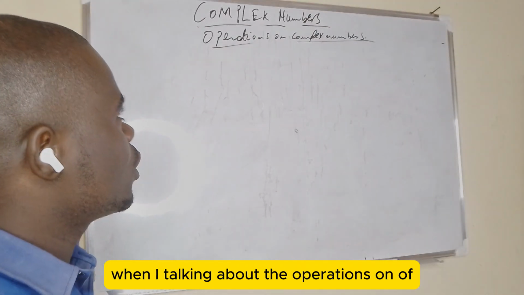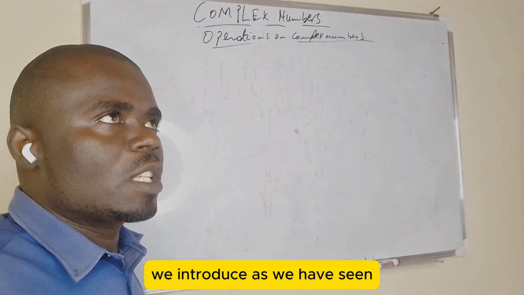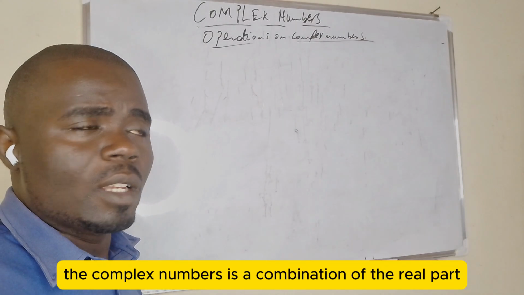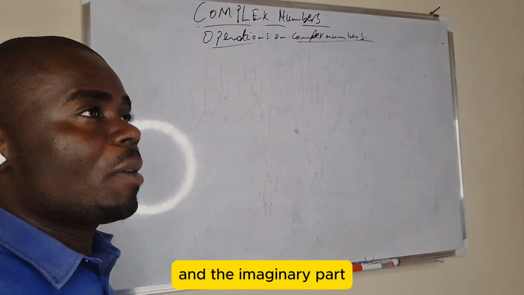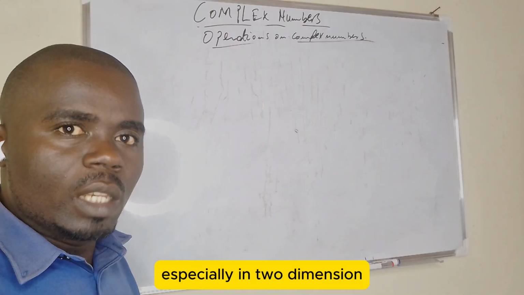When we're talking about the operations on complex numbers, first of all, as we have seen, a complex number is the combination of the real part and the imaginary part, the real number and the imaginary number, especially in two dimensions.